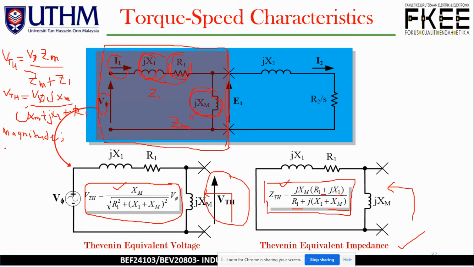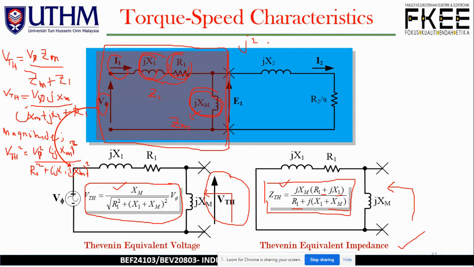So we have VTH squared, this is equal to V phase squared, jXM also squared, over R1 squared plus jX1 plus jXM squared.